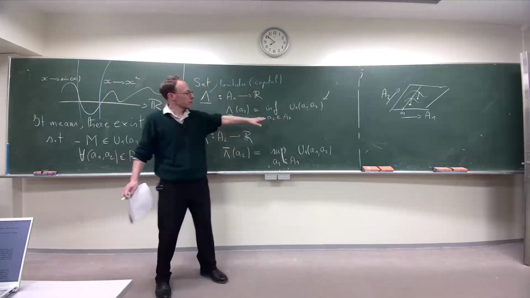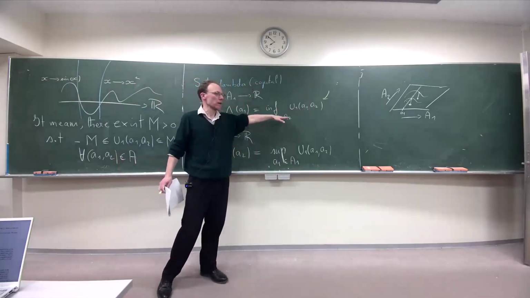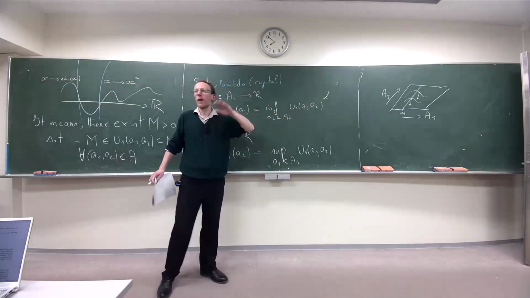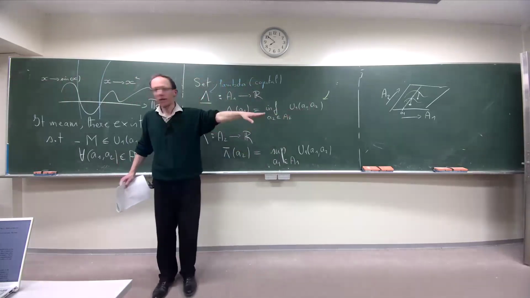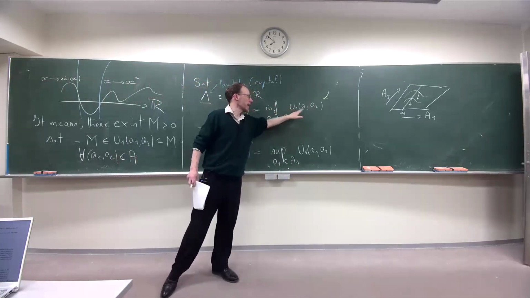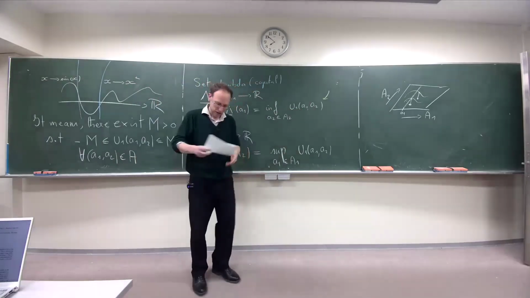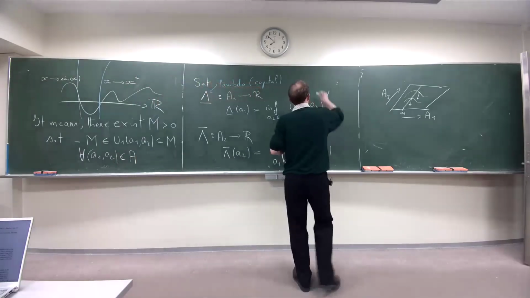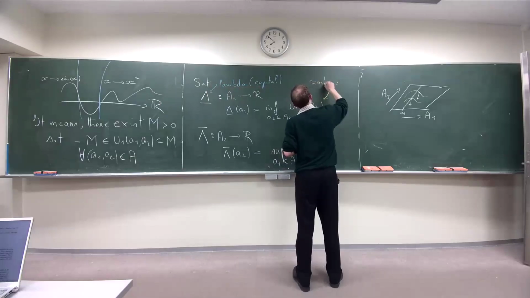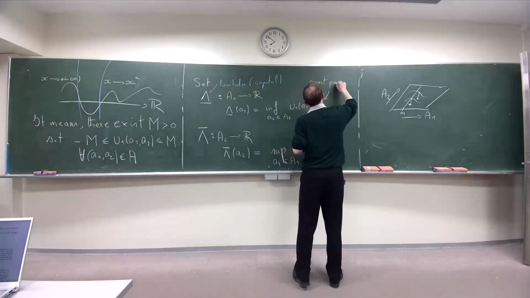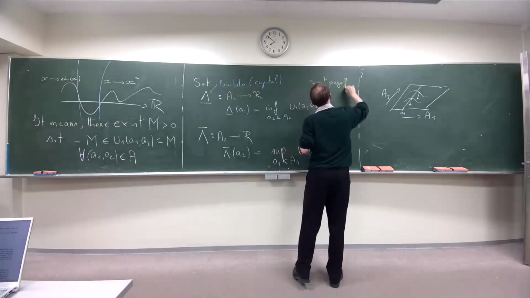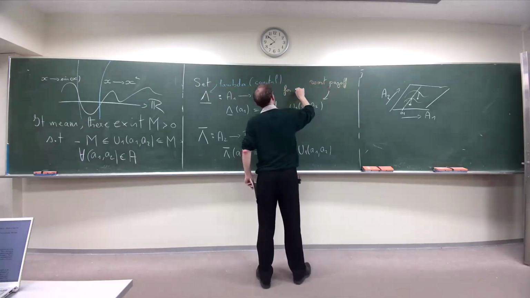So you are taking the worst scenario. You are looking at the worst scenario, no matter what the other does, you take the minimum value, that is your minimal payoff. So this is the worst payoff for player 1.